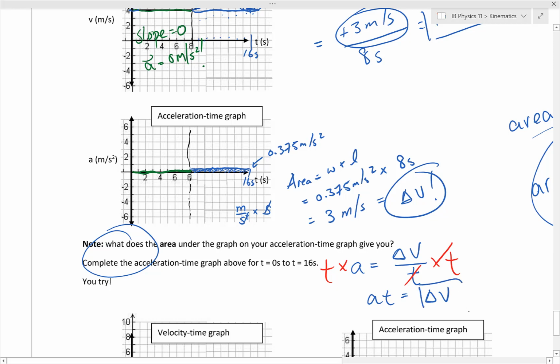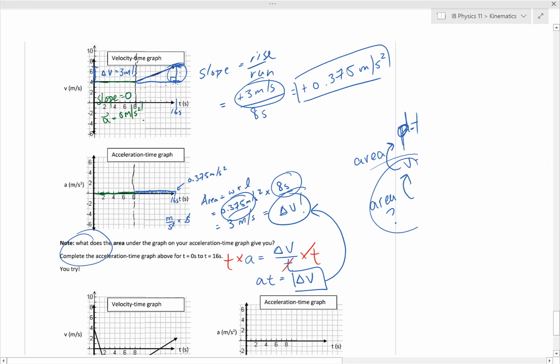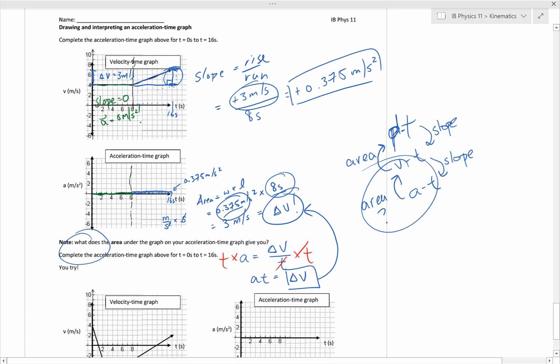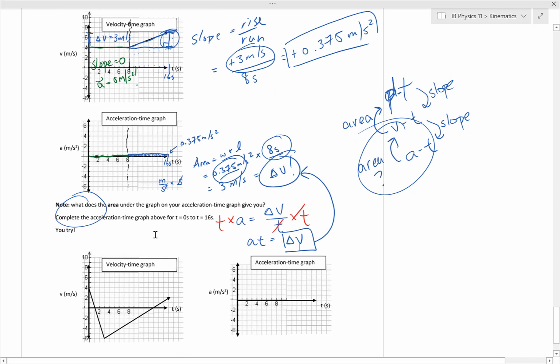This change in velocity is what we calculated with the area: a times t, a for acceleration, t for time, giving us change in velocity. So from a dimensional analysis perspective, when we geometrically multiply the two sides of the rectangle, this is what we got in terms of the actual quantity for change in velocity.